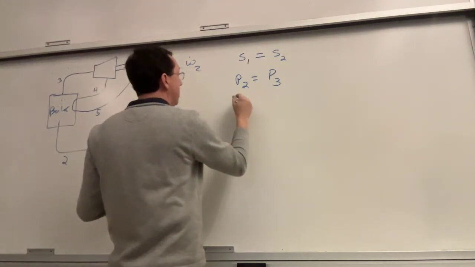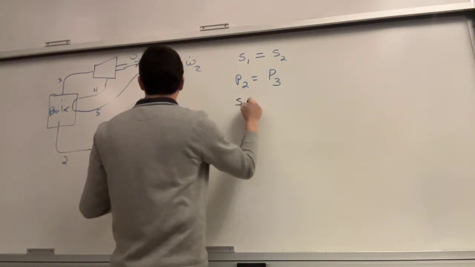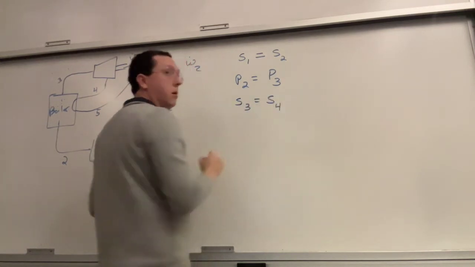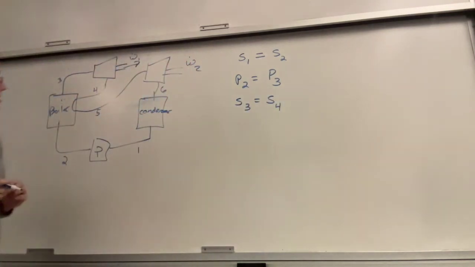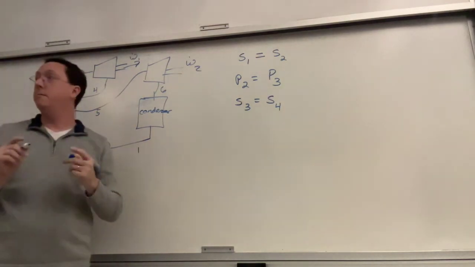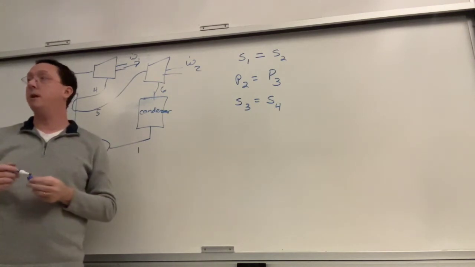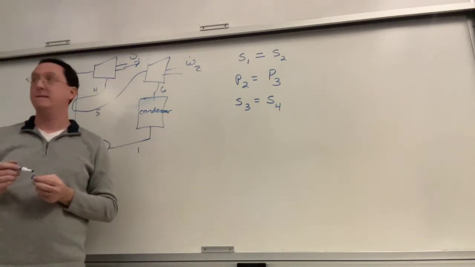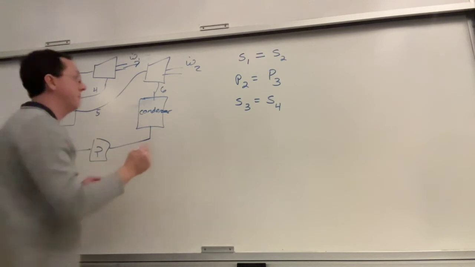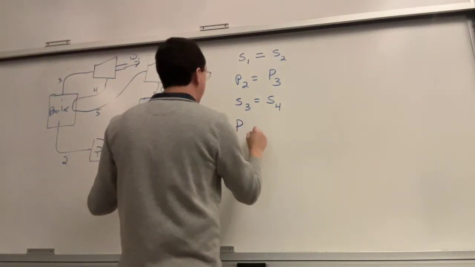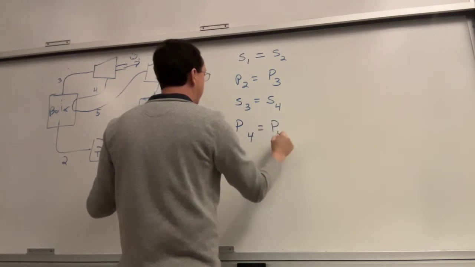So that's S3 equals S4. What about 4 and 5? They're connected through a boiler. The standard assumption there would be what? The pressure's the same. The pressure at 4 equals the pressure at 5.